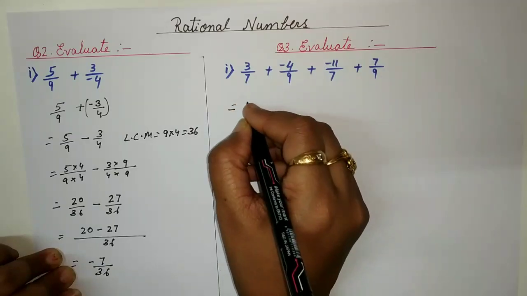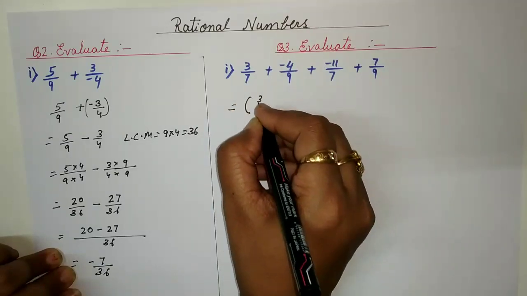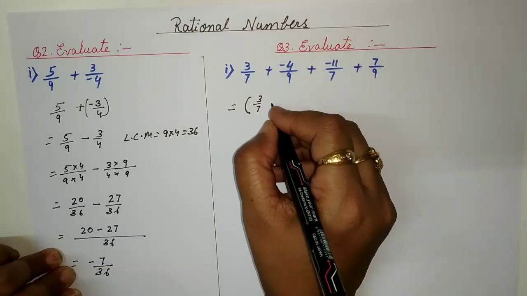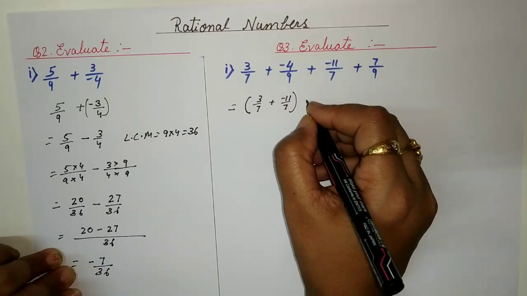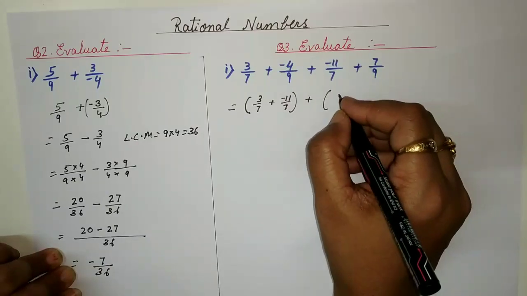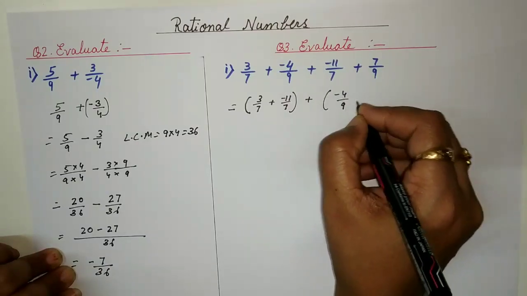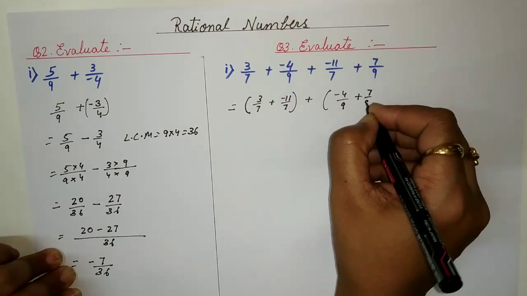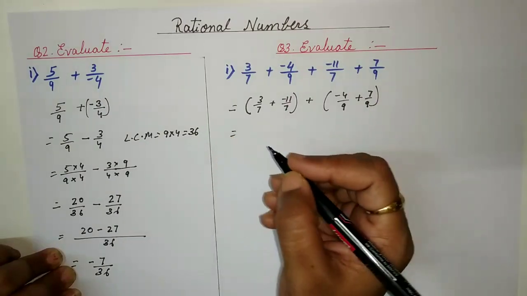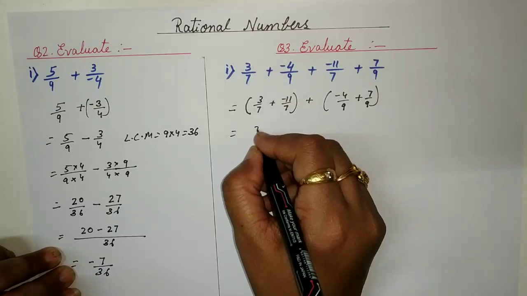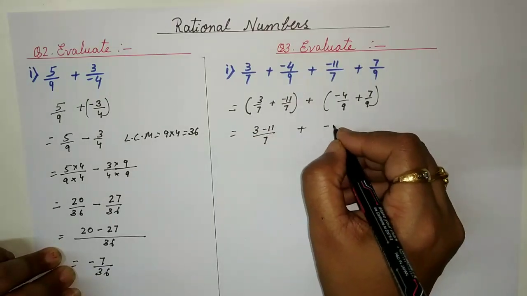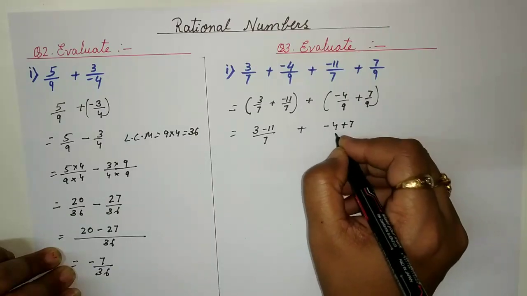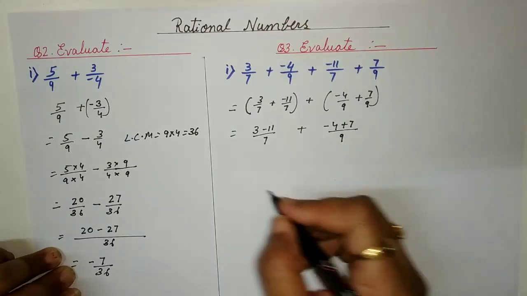That is equal to, when we bracket, 3 by 7 plus minus 11 by 7 put together, plus minus 4 by 9 plus 7 by 9 clubbed together. So you get 3 minus 11 by 7 plus minus 4 plus 7 by 9.